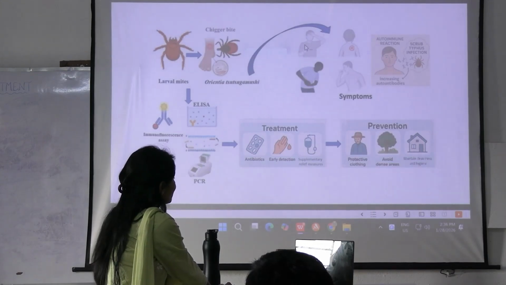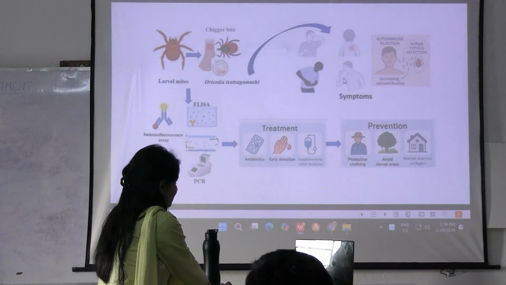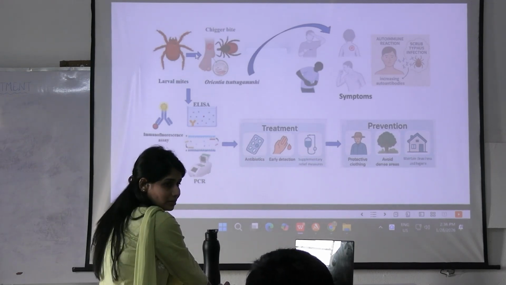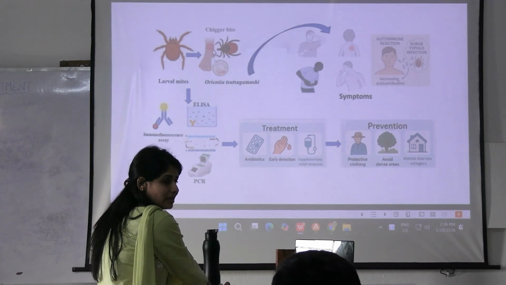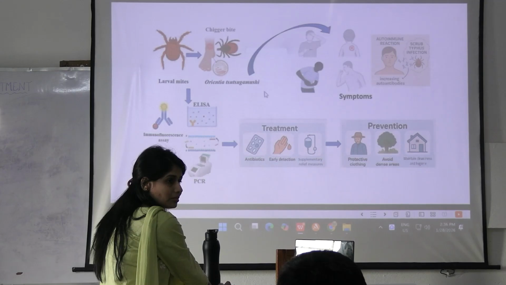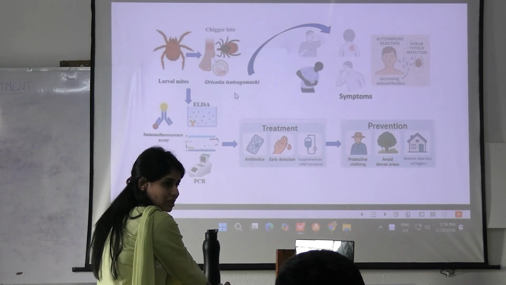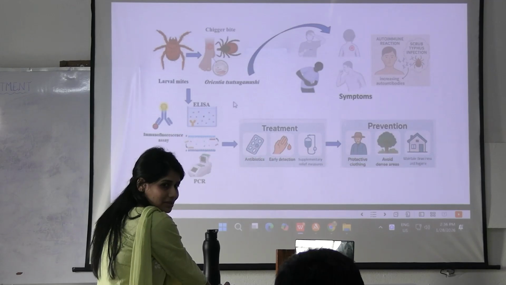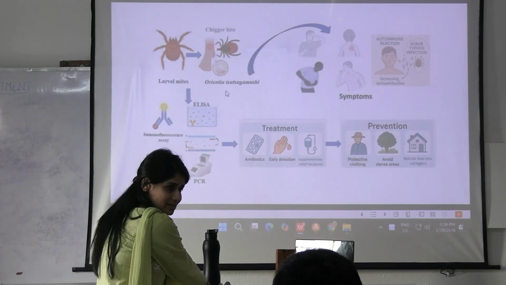What happened? This person was bitten by this Trombiculid mite. Okay, this mite transmits through its bite which bacterium? Orientia tsutsugamushi. Okay, this is part of rickettsial diseases.